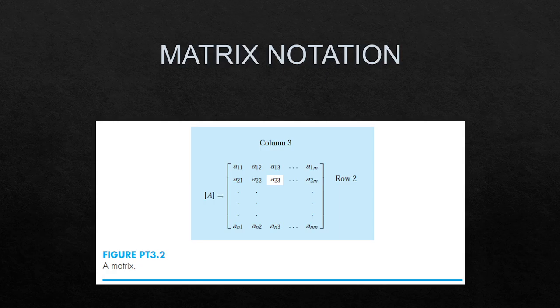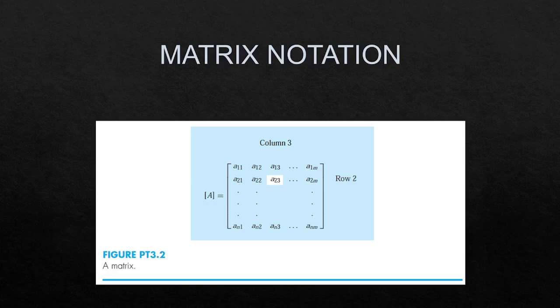The notation for a matrix is that every value position has a notation. For example, the one highlighted in white in the figure is A23, the data at column 3 and row 2.